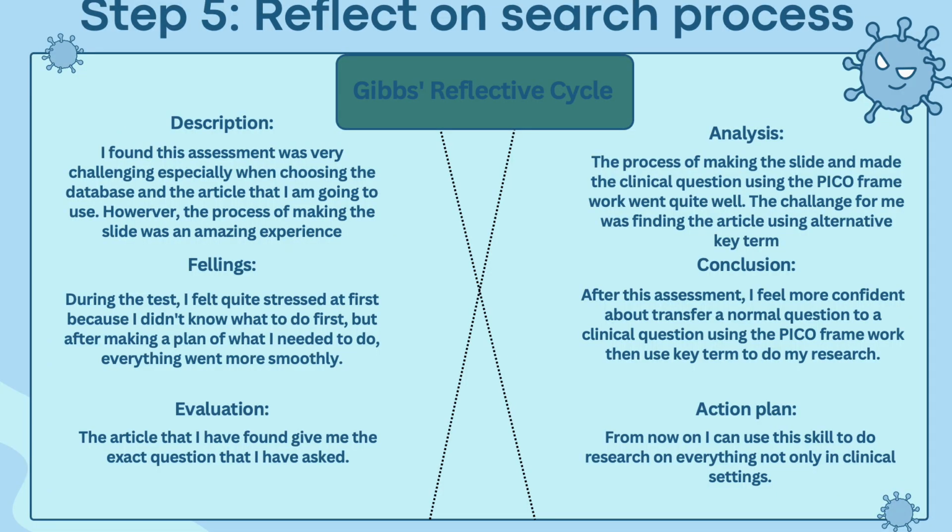And finally, we're in step 5, reflect on the search process. In this step, I chose Gibbs reflective cycle, which includes description, feelings, evaluation, analysis, conclusion, and action plan.